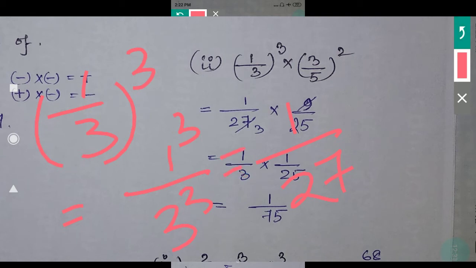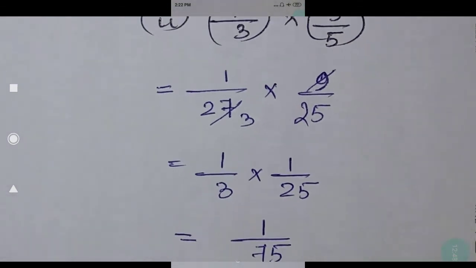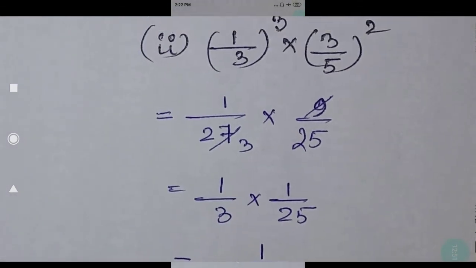See it first, (1 by 3) whole cube means I can write it as 1 cube by 3 cube, so here I have written 1 by 27.